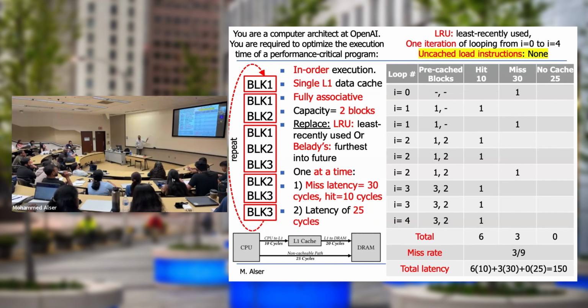So the total of them will give me the total number of memory requests. So that's the miss rate, which is 3/9. Total latency: how many times we hit, then the total cost is 6 times 10, plus 3 times 30, plus 0. We never use that path, so 0 times whatever, equals 150 cycles. So now the total cost of your program is 150 cycles.